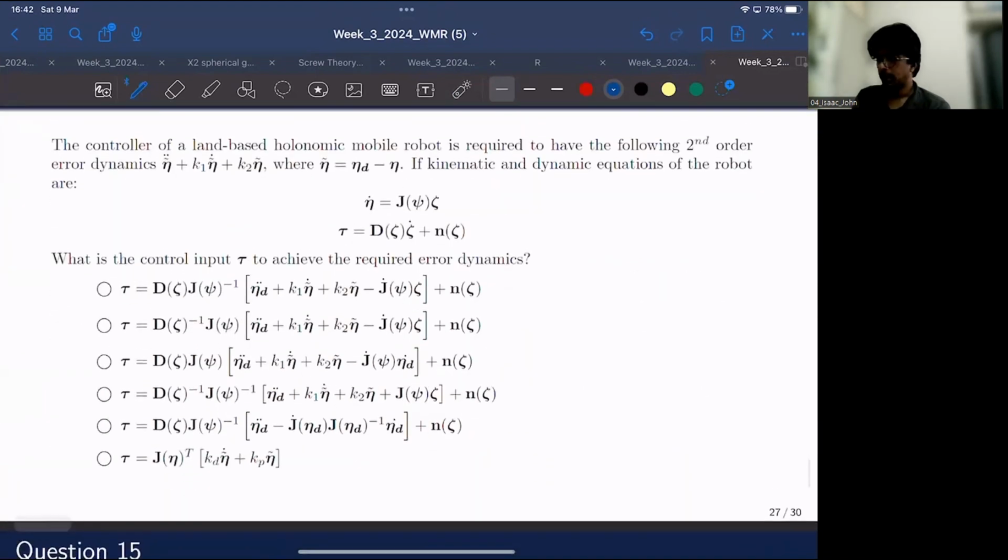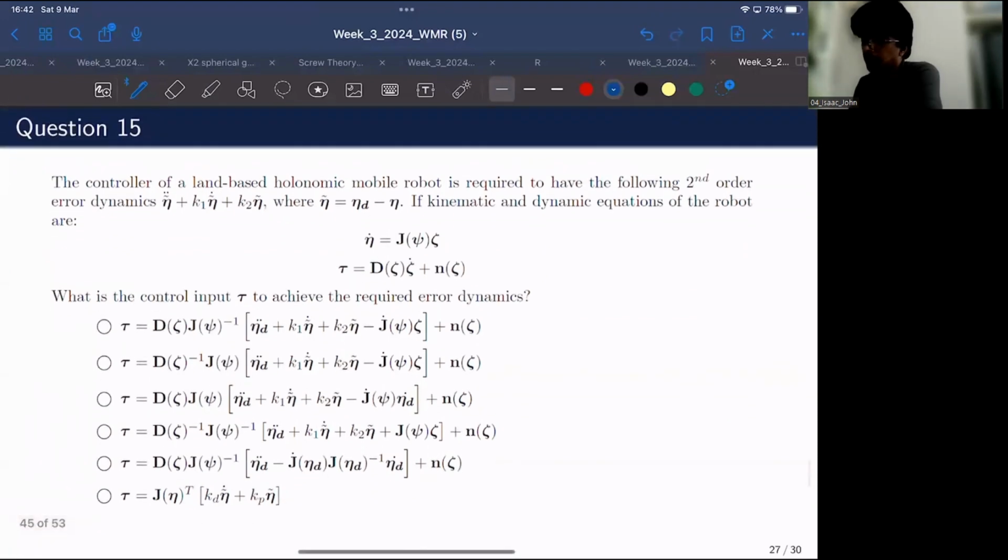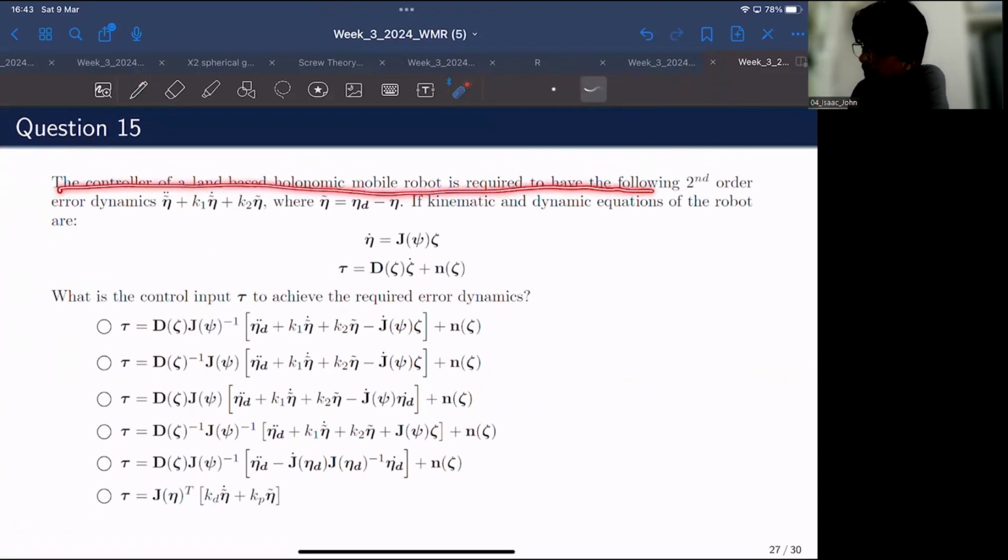Right? Okay, now moving on to question 15. It says the controller of a land-based holonomic robot is required to follow the second order dynamics eta tilde double dot plus k1 eta tilde dot plus k2 eta tilde, where eta tilde is eta desired minus eta.